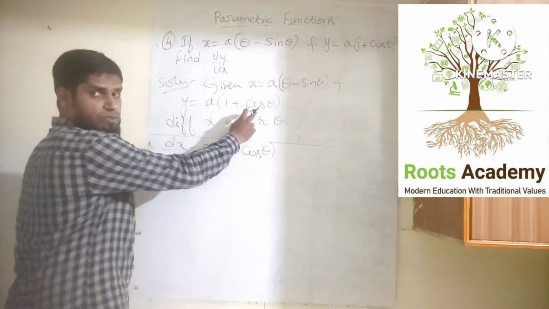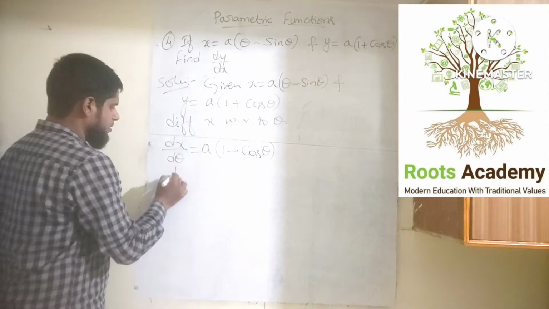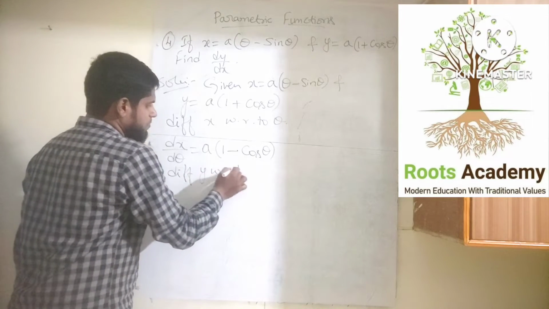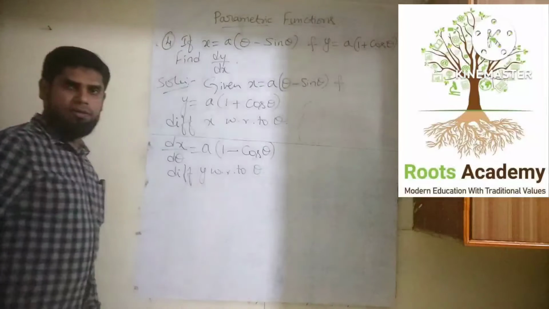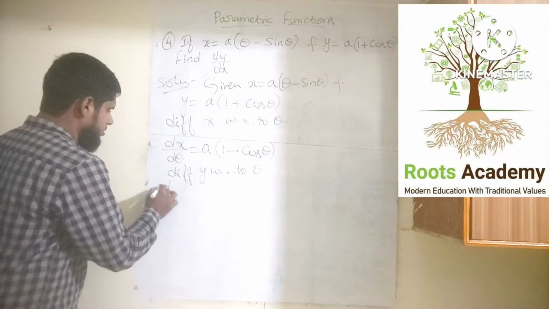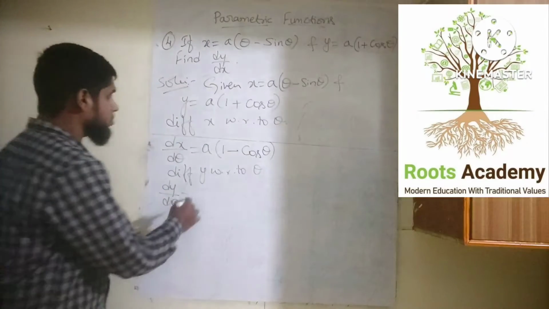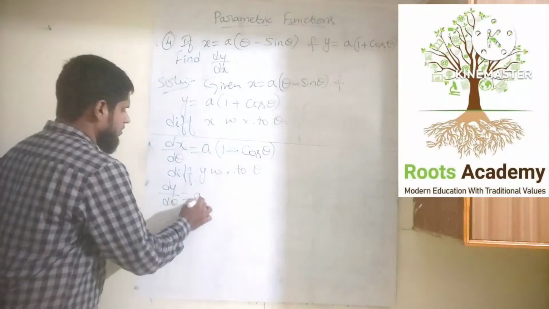Next, y with respect to theta. Differentiate y with respect to theta. This can be written as dy by d theta is equals to a, which is a coefficient, as it is.